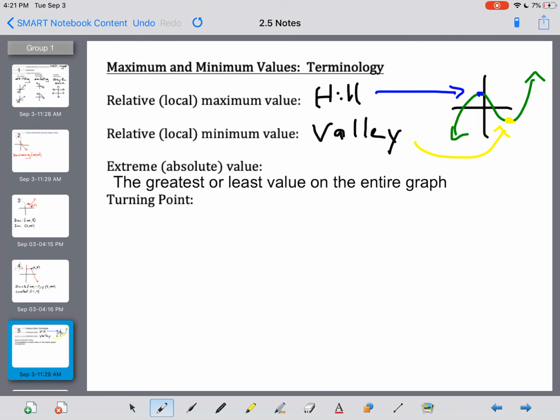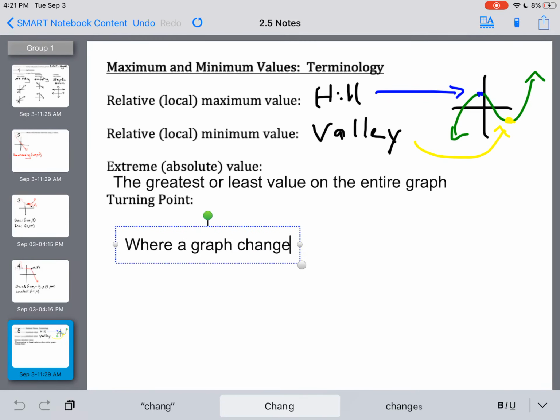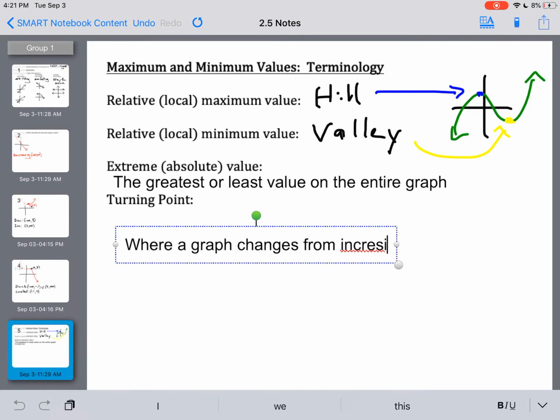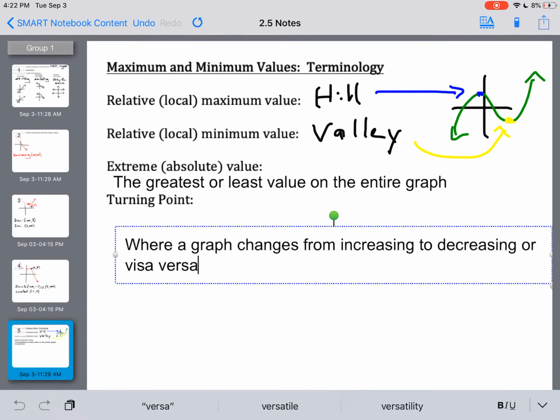Then a turning point is just where a graph changes from increasing to decreasing, or vice versa.